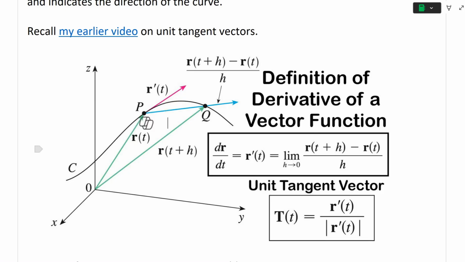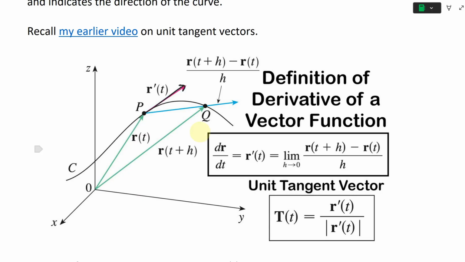The reason we do that is we're using the definition of the derivative of a vector function. So dr over dt, the derivative of this position vector, equals the limit as h approaches 0 of r of t plus h minus r of t, divided by h. So basically it is the limit of the secant vector as h approaches 0, and it gets closer and closer to the curve, and that's the direction of the curve.